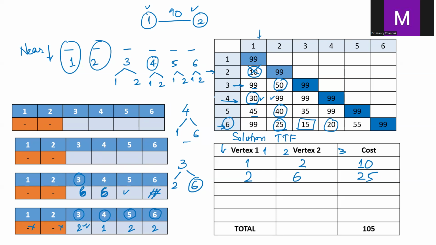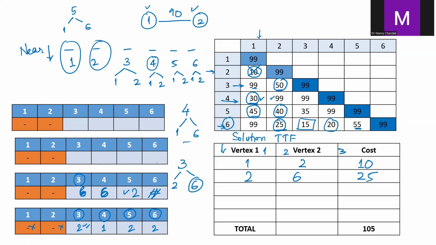And again for 5, check whether 5 is close to vertex 1 or whether it is close to vertex 6. So 5, 6 is 55. And since we are talking about vertex 1 and 5, which is 45, since 55 is greater, we will continue with vertex 1.